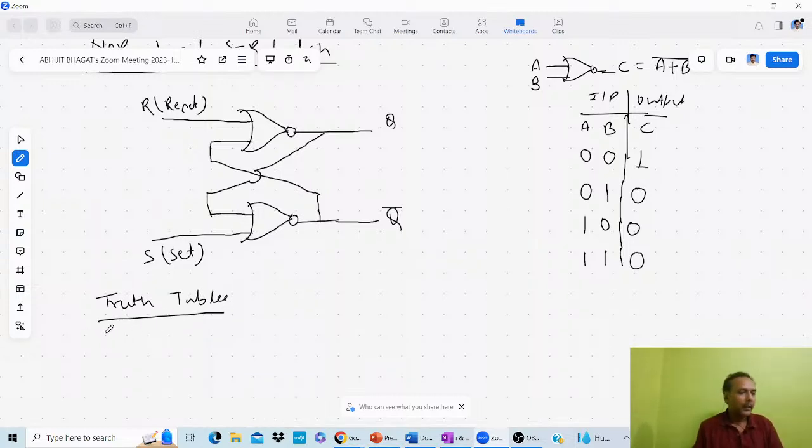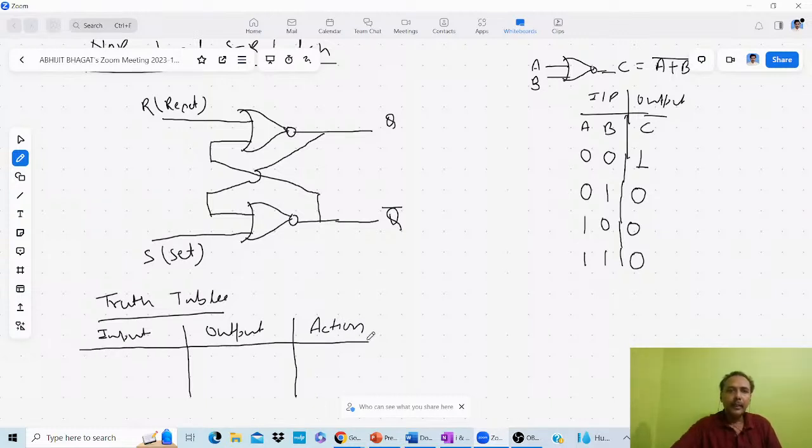So first there is the input, then output, and then there is a column action. Here the input is S and R. Here you can see Q and Q bar is the output.